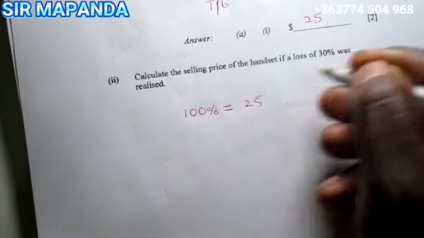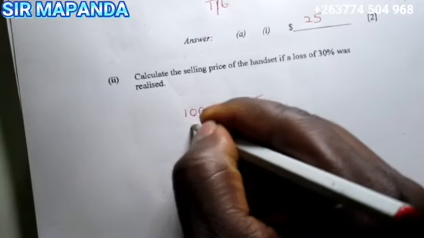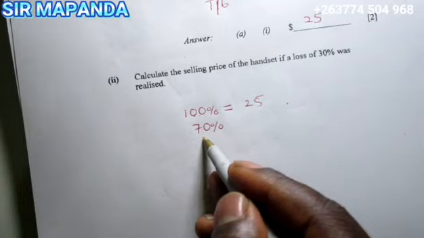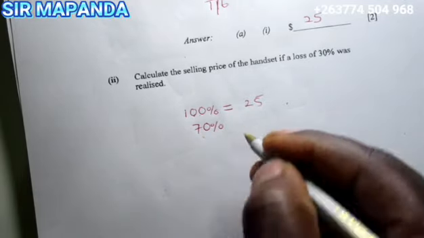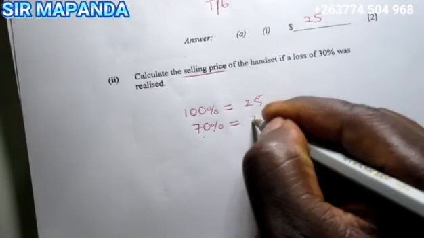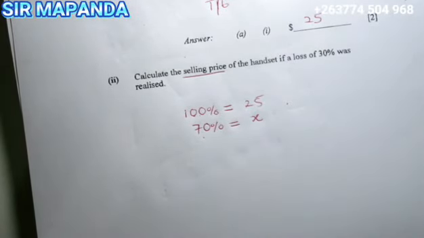So if 100 is less by 30, the loss of 30 gives a selling price of 70%. In this case, the selling price is the unknown, so you put x aligned to the unknown, which is represented by 70%. But the cost, we have found it already in part A1 as $25, and it remains at 100%.